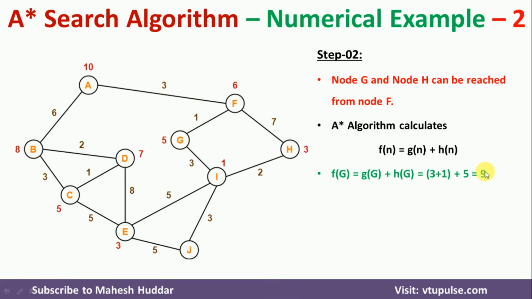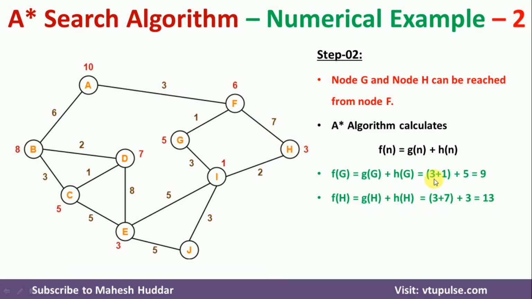Similarly, f of H is g of H plus h of H. To reach this node from the source, the distance traveled is 3 plus 7, plus the heuristic value of 3, which is equal to 13.